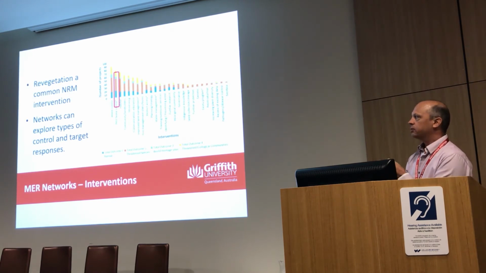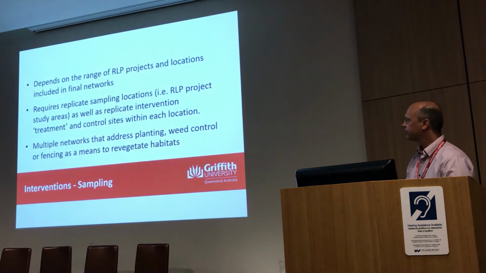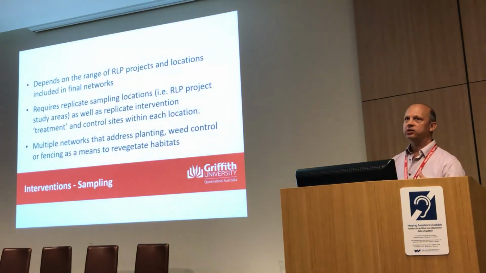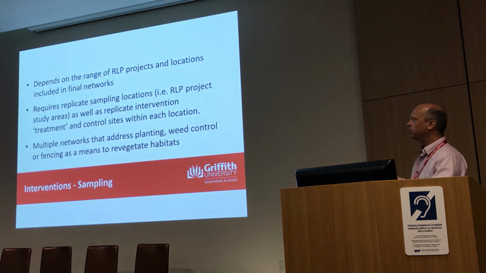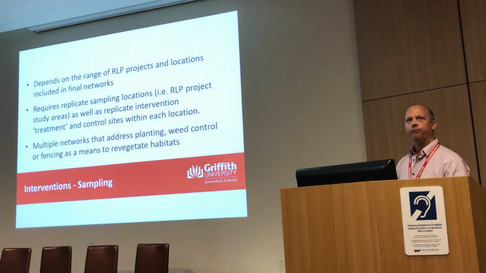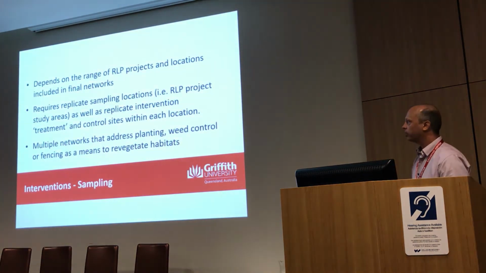With the networks that we have in these intervention spaces, we can explore the types of control that people are doing and the type of target that is responding to those interventions. Importantly though, setting up these networks for interventions depends on what's happening at each of the RLP projects and where those projects are located, because that's going to inform how they're included in the final network.